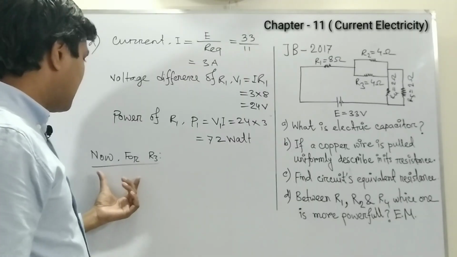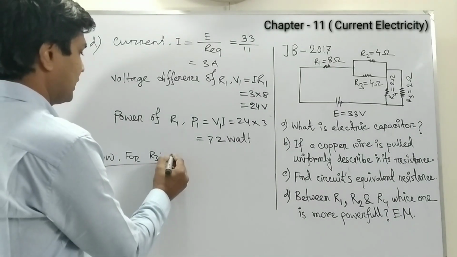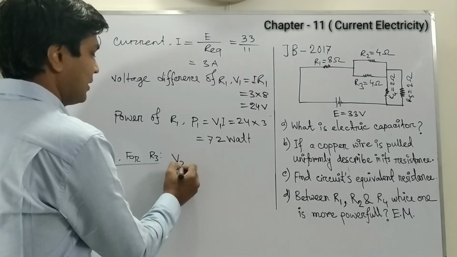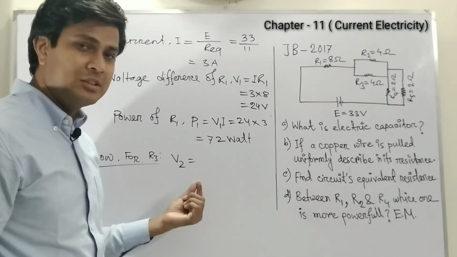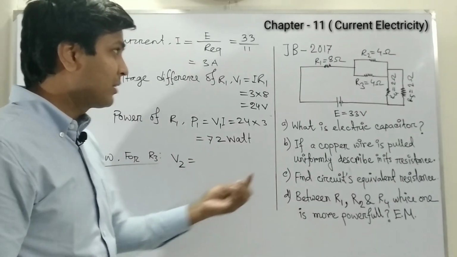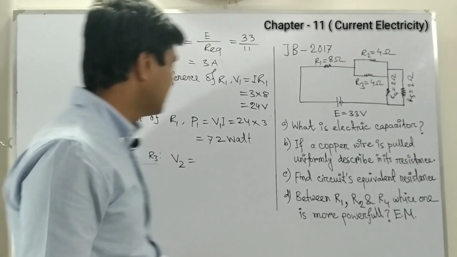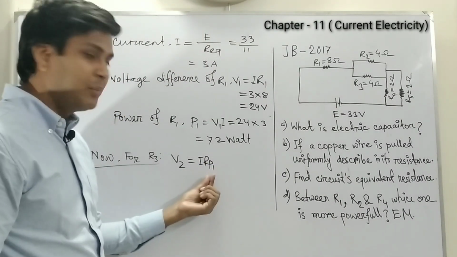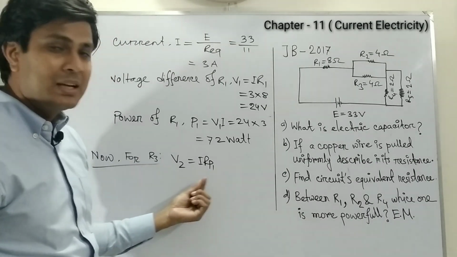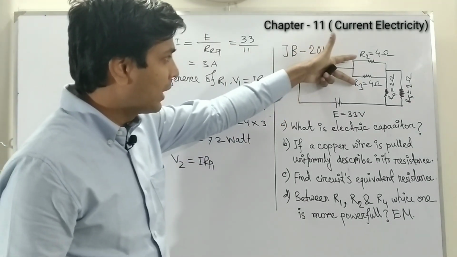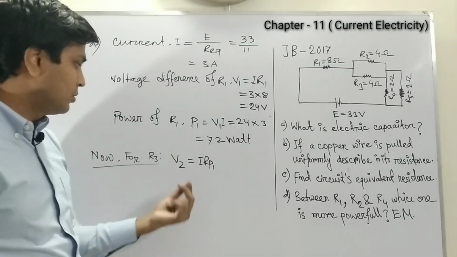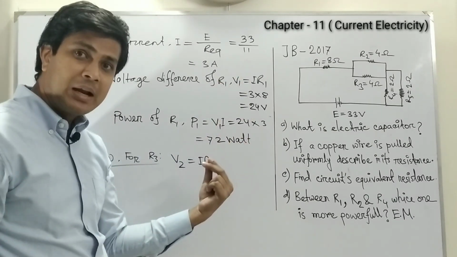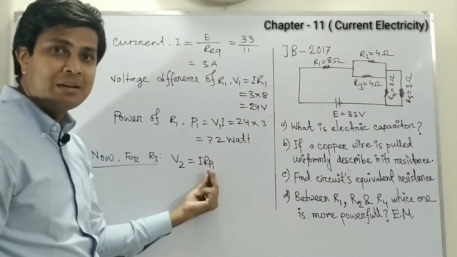Consider the voltage V2 across R2 and R3, which is I times RP1. Why do we use RP1? Because that current will go two ways, through R2 and R3. So R2 and R3 are in parallel combination, so we write RP1.